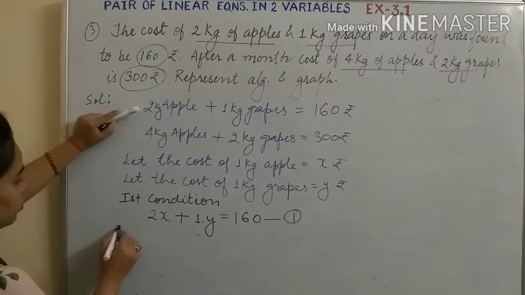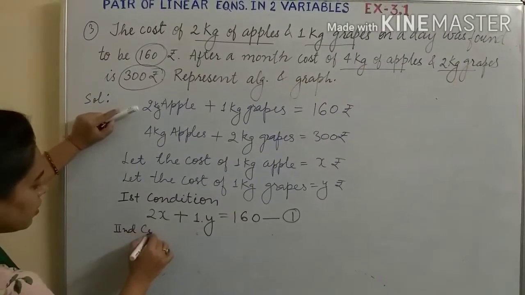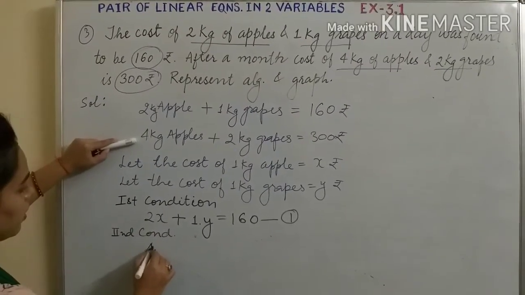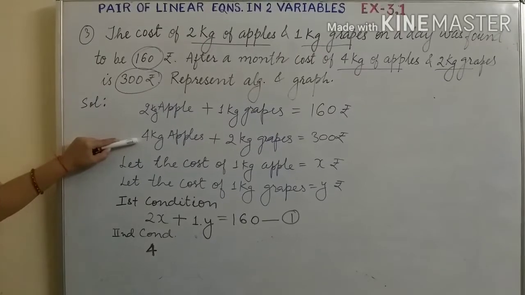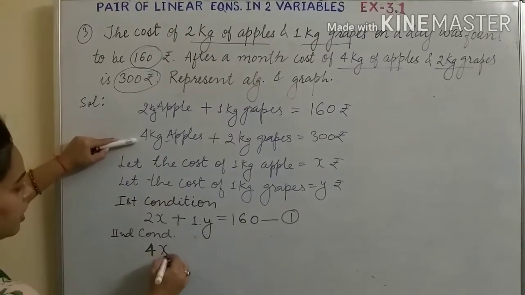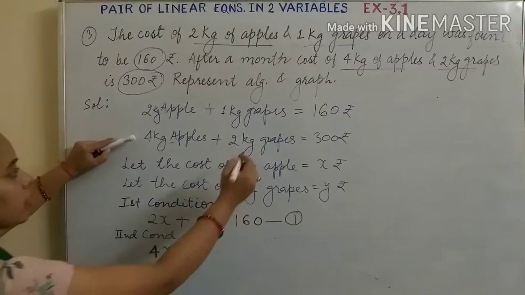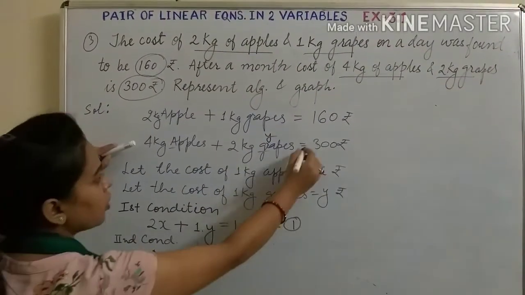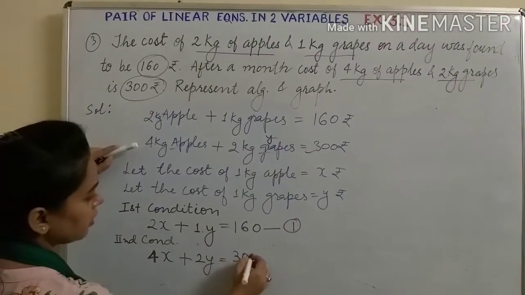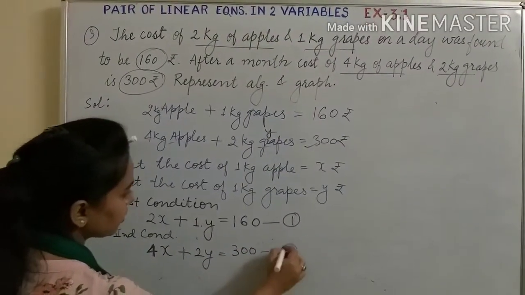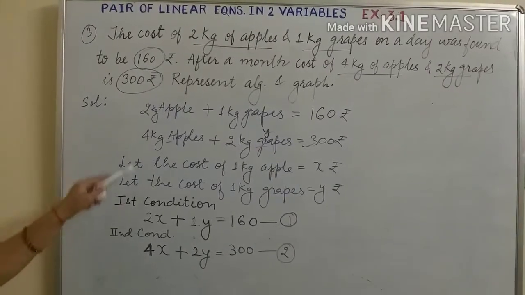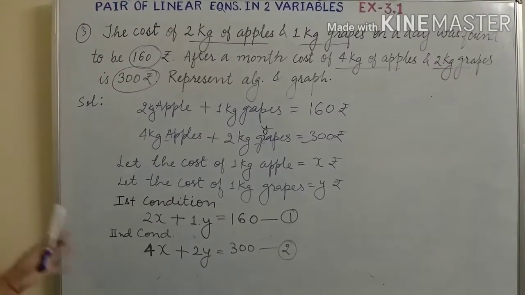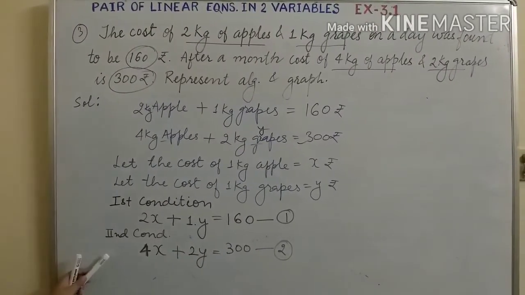And according to the second condition, this is 4, and the cost of 1 kg of apple we have taken as x, therefore it will become 4x plus grapes we have taken y, so it becomes 2y, and the cost is rupees 300. This will become our second equation. So the first part is done, that is to represent the situation in algebraic form. Now we are going to solve it to plot the graph, which is the second part of this question.